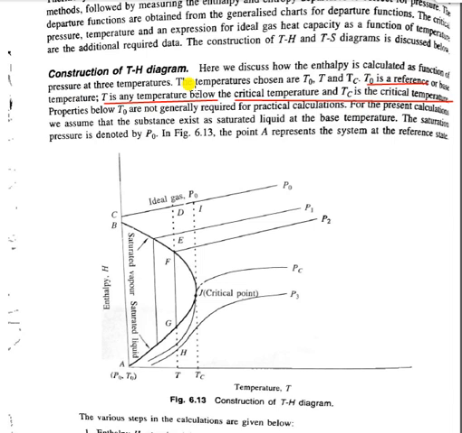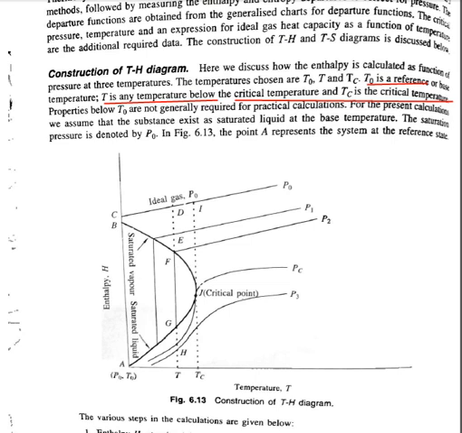Properties below T0 are not generally required for a practical calculation. We do not need to consider values below T0. For the present calculation, we assume that the substance coexists as saturated liquid at the base temperature.